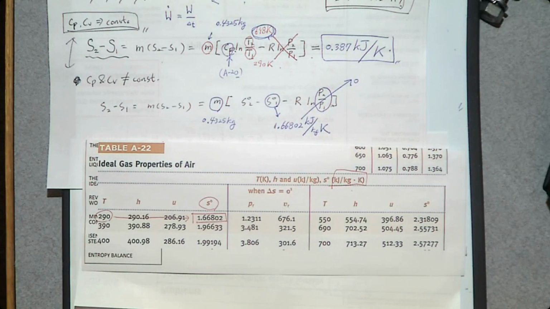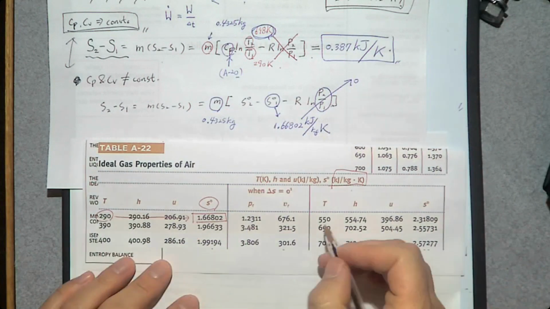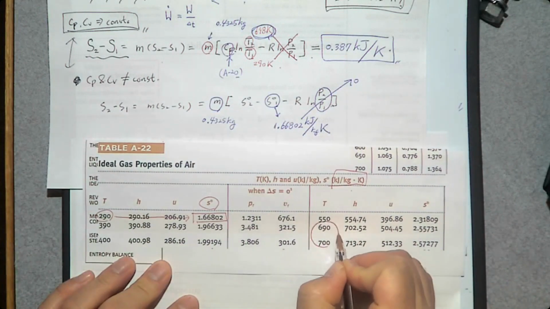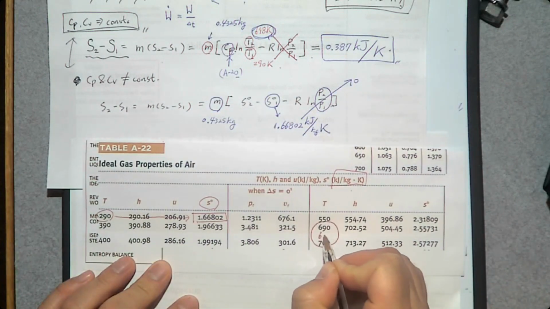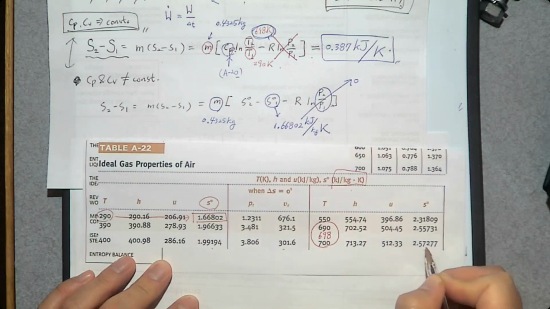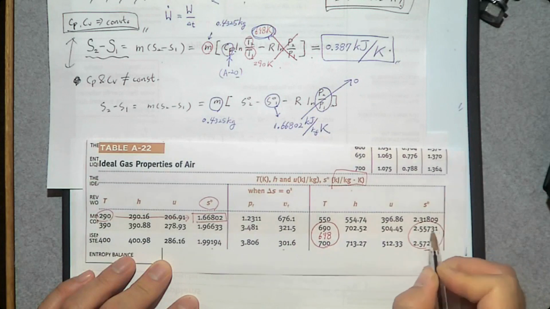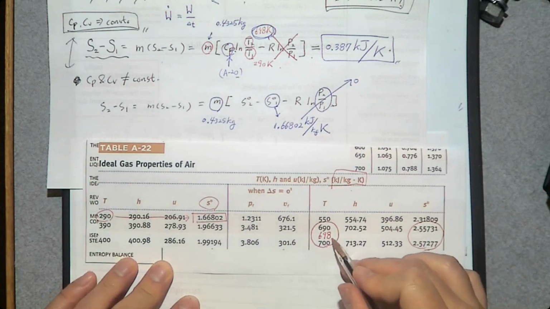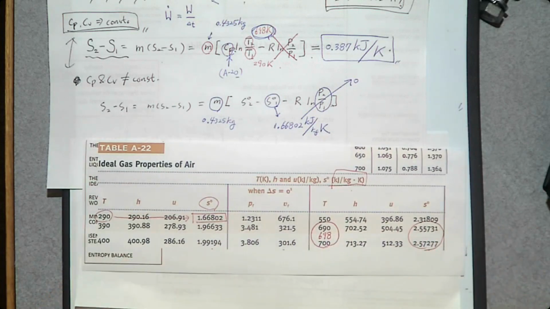So we have to do a linear interpolation between these two numbers to evaluate s degree at 698.